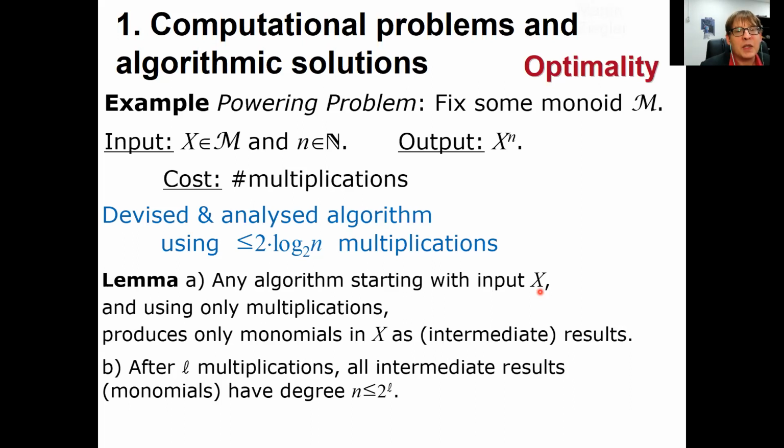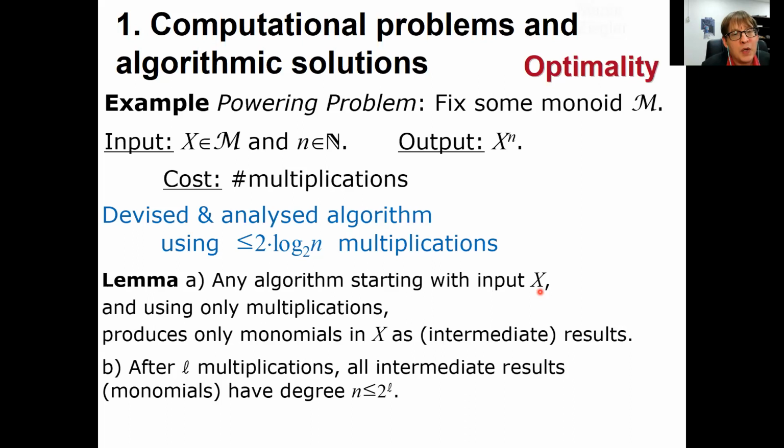Now, by induction hypothesis, all intermediate results will be monomials of degree at most 2 to the L. Now we look back at the final instruction, the L plus first multiplication, which is going to multiply some, we don't know which ones, of these previous intermediate results, which have degree at most 2 to the L by induction hypothesis.